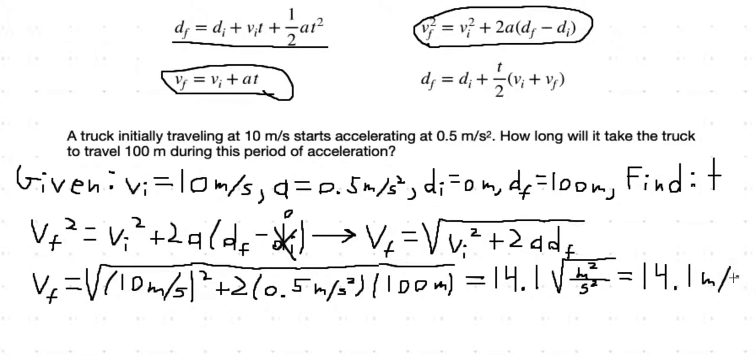So now we have our final velocity. So now we can use the second equation to solve for the time t. So now we can just rearrange and solve for t.